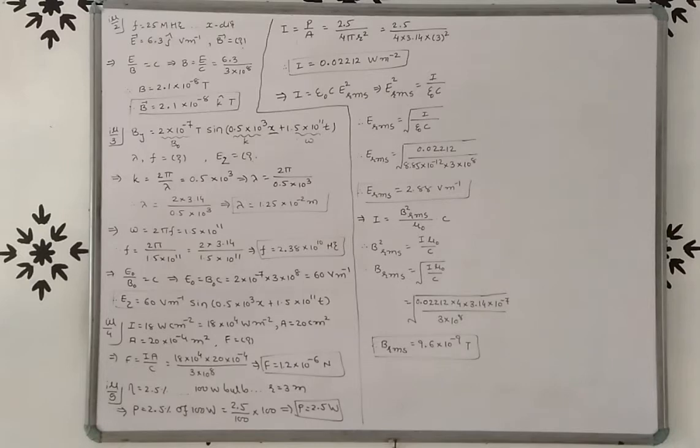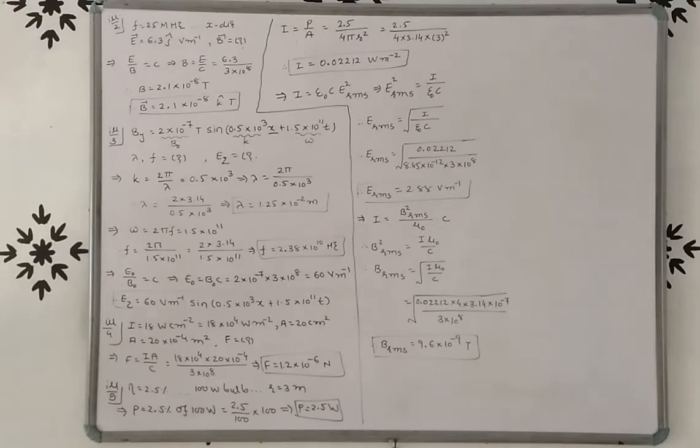So power is 2.5% of 100 watt, so we get power 2.5 watt. To find intensity, I is equal to P by A, where the area is 4 pi r square because it is a bulb. So we get the intensity.